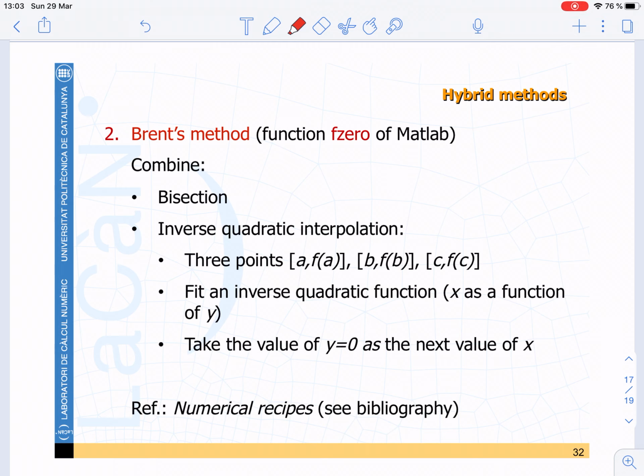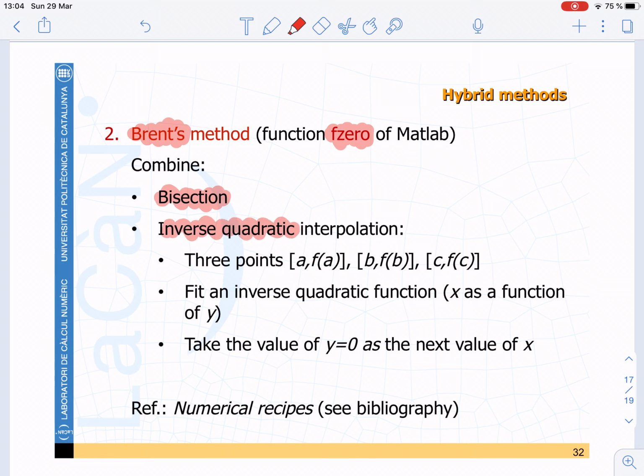Or we can think of Brent's method, which is in fact the method coded in function fzero of MATLAB that combines the following two methods: bisection and inverse quadratic interpolation.